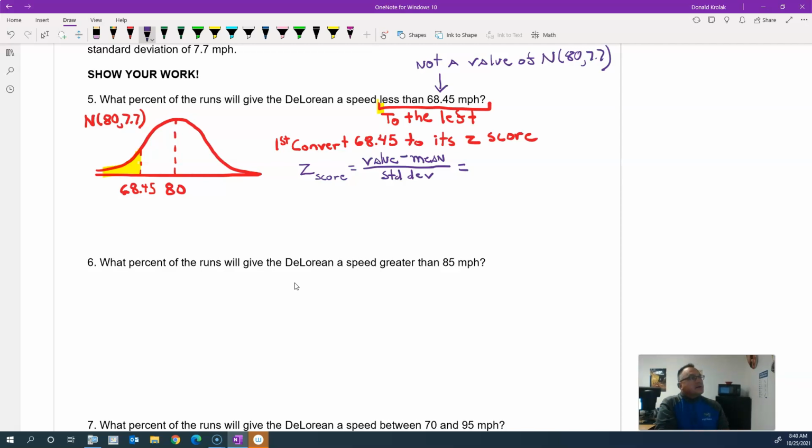So that's going to be 68.45 minus 80 divided by 7.7.